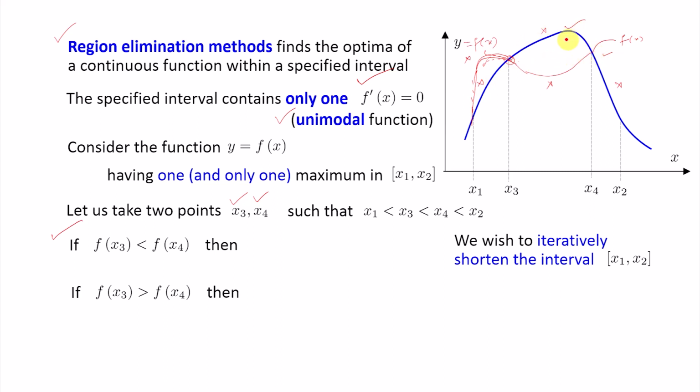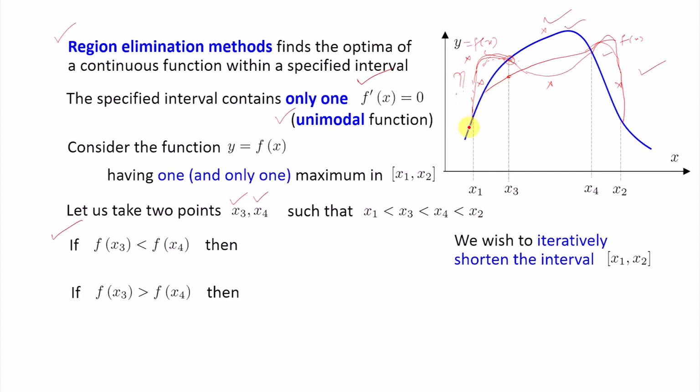But can we have the maximum between x3 and x4? Yes, of course, we can have the maximum between x3 and x4. Can we have the maximum between x4 and x2? Well, if it does happen, then the function will go up like this, and then it will come down like this, and that is perfectly alright, because f(x3) is less than f(x4). So it is perfectly alright to have a function like this. Therefore, the maximum can be in this interval, but not in the interval between x1 and x3.